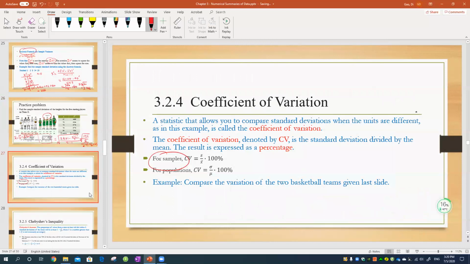Then we can write x1 bar for team 1 equals 75, and the standard deviation for that is 2.449.